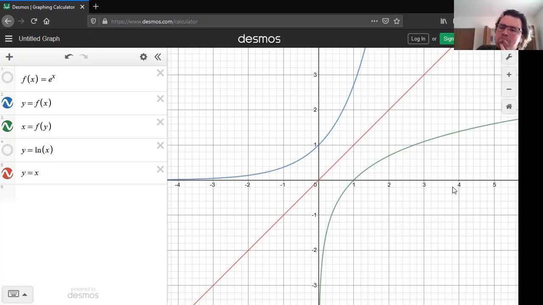So, what does that mean? In calculus, we like to understand functions by studying their derivatives, right? The slope of the tangent line at any given point will tell us useful information for working with functions and for understanding functions better than we did before.